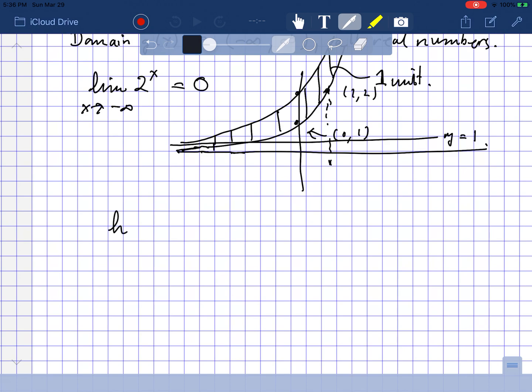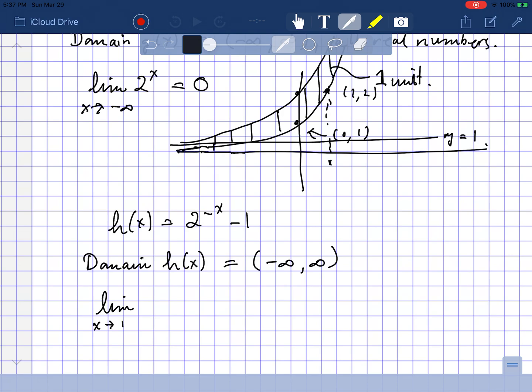All right, and then we had a second function, h of x is equal to 2 to the minus x power minus 1, I think. And here again, if I'm looking at the domain of h of x, that's going to be the set of all real numbers, because the domain of 2 to the minus x is the set of all real numbers.